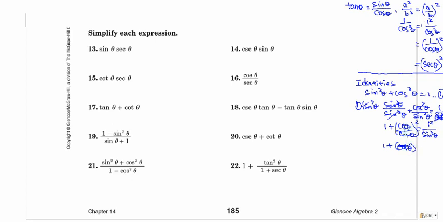If I flip this, 1 over tangent theta is actually cosine theta over sine theta. So 1 over tangent theta is cotangent theta, equal to cosine theta over sine theta. Similarly, this cosine over sine theta is cotangent theta, and then you put a square here.